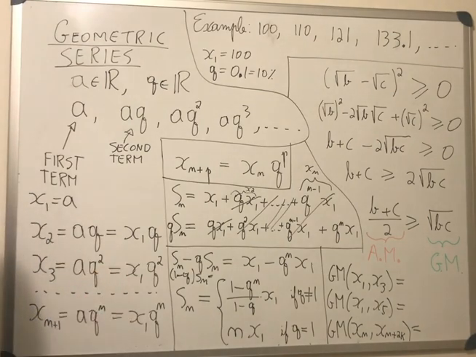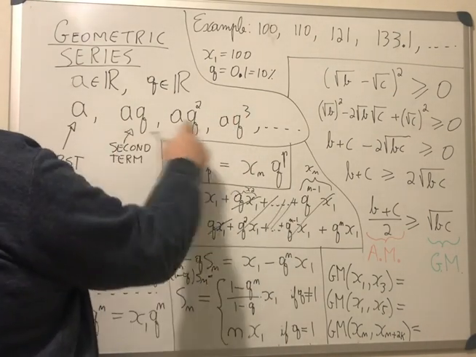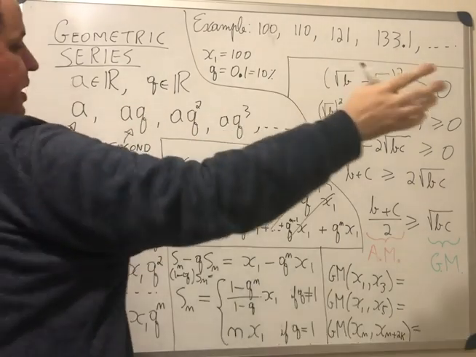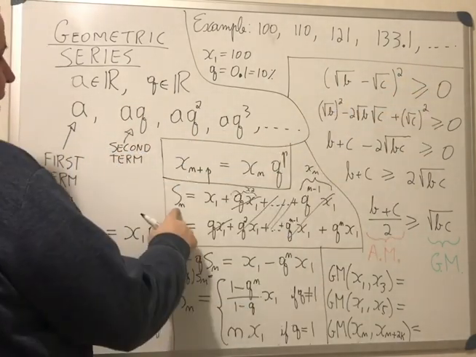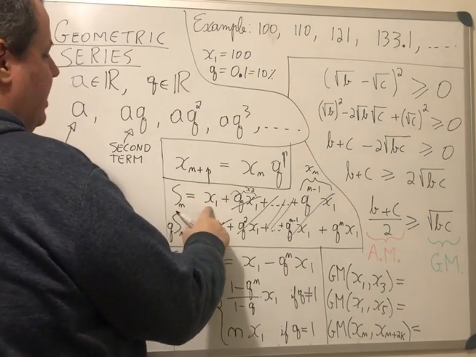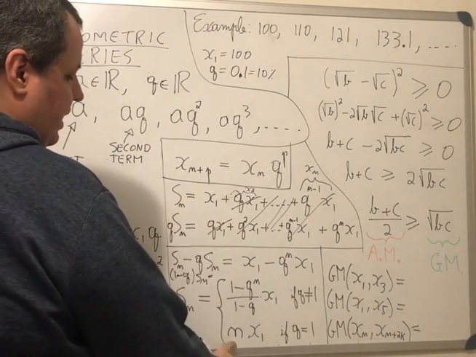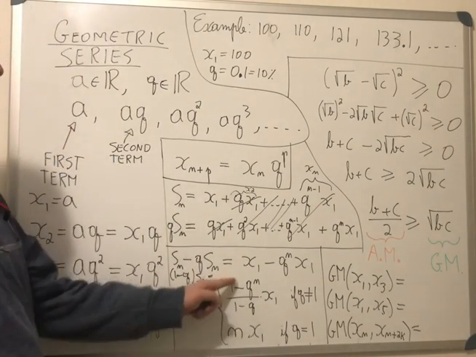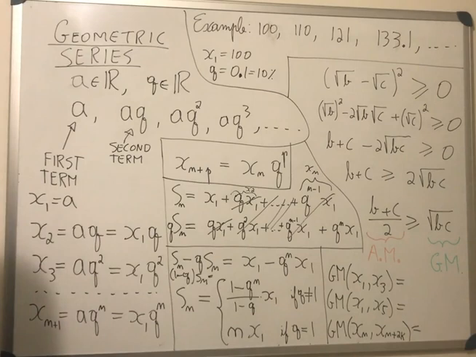If q is 1, this sequence is just a constant sequence, that is a, as many times as you want. So if you add n times x1, you find n times x1. So if q equals 1, this is easy. Otherwise, we have this beautiful formula that is very important in mathematical finance.